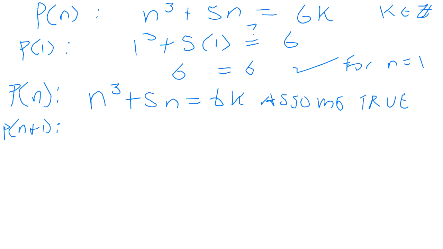So we're going to put n plus 1 cubed plus 5 times n plus 1. And we need to find some way to show that that is equal to a multiple of 6 by using that initial statement there, that n cubed plus 5n is a multiple of 6. All right, so let's see if we can do that.